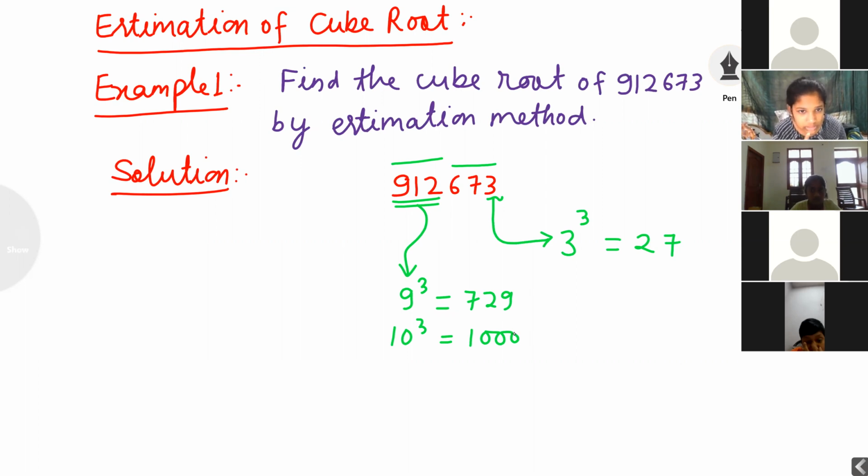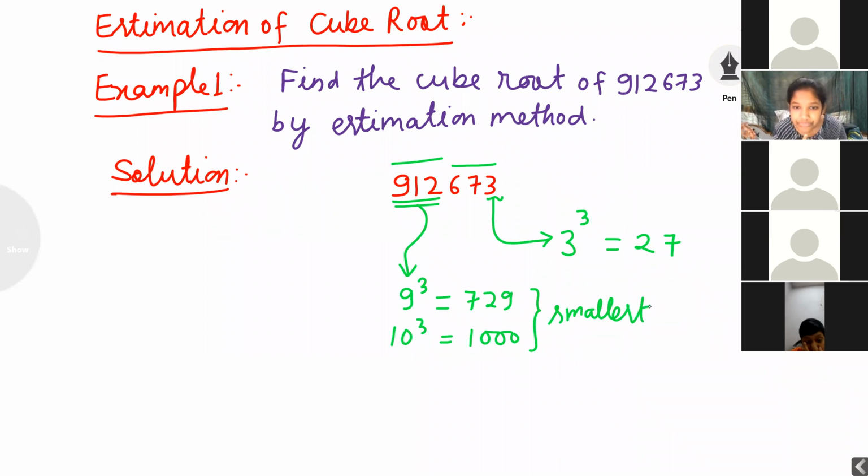Now 1000 is greater than 912, and 9 cube, 729, is less than 912. We always want to take the smallest value. 9 cube and 10 cube: 9 is smallest or 10 is smallest? 9 is the smallest. Smallest number is equal to 9.